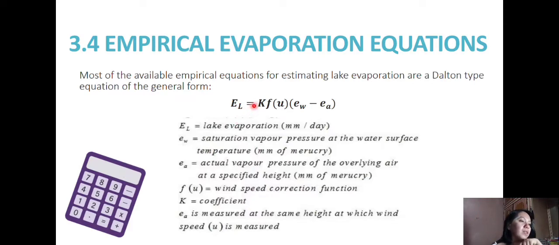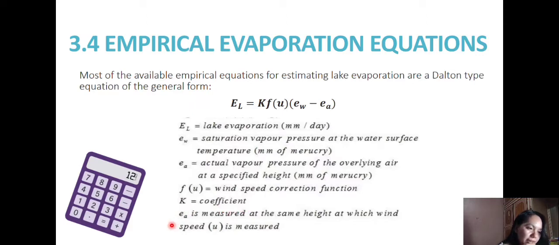E sub L is equal to K multiplied by F of U multiplied by E sub W minus E sub A, where E sub L is the lake evaporation in millimeters per day, E sub W is the saturation vapor pressure at the water surface temperature in millimeters of mercury, E sub A is the actual vapor pressure of the overlying air at a specified height, again in millimeters of mercury, F of U is the wind speed correction function, and K is the coefficient.